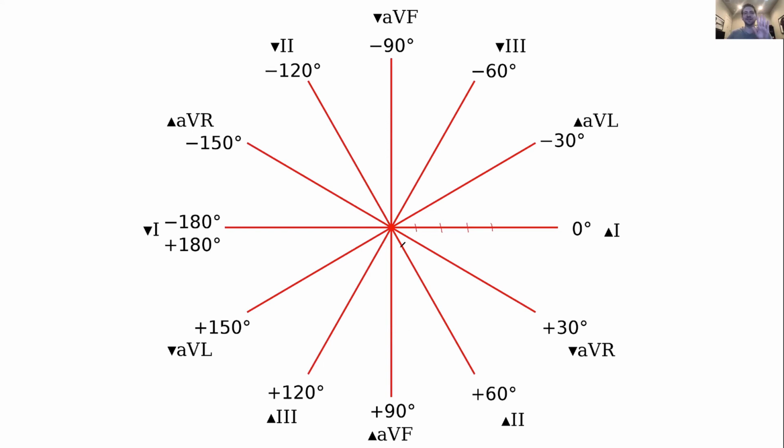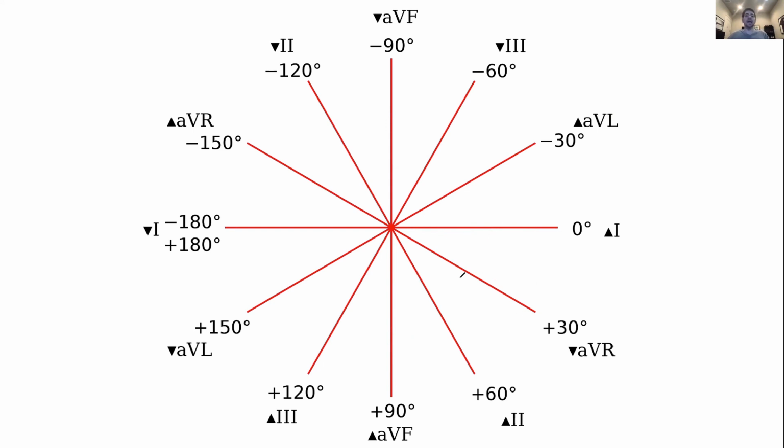I know I'm doing it on paper. Then they give you a +2 in lead 2. If you're doing this in your head, you have a positive in lead 1 and a positive in lead 2. You don't even need to draw the lines out. You don't need paper. You know it would come out somewhere right here, if you had the perpendicular lines. The whole point is you can say it's in this quadrant, so it's a normal axis. You're good. Okay, let's try a different one.